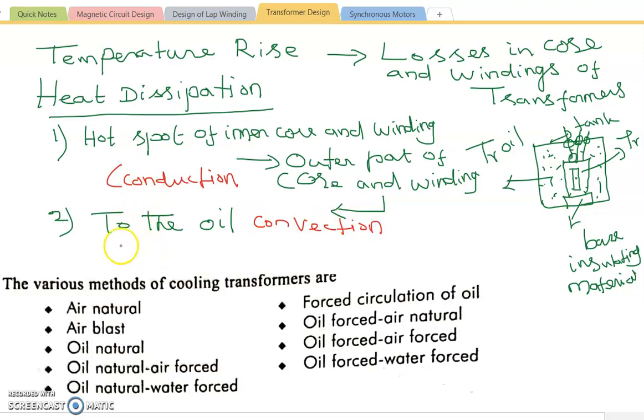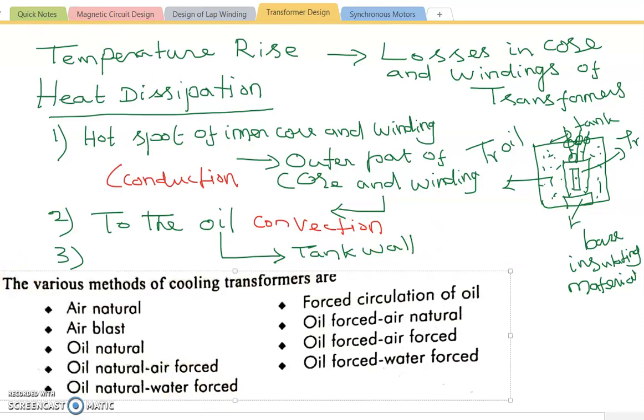And then from this, the third thing that will happen is the heat from this oil will be dissipated to the transformer tank wall.